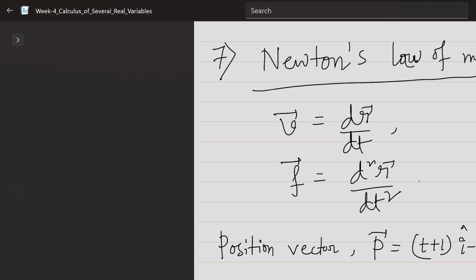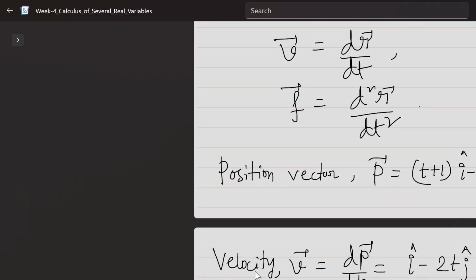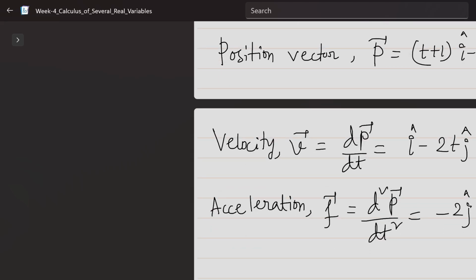So it is i minus 2tj. And what is your acceleration? That is a vector, the double derivative, that is minus 2j. So this is the answer.